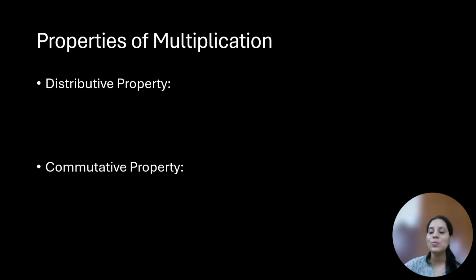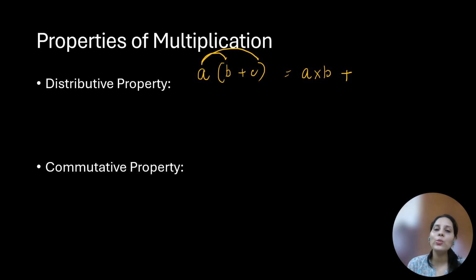So what is this property about? If I take a into (b plus c), bracket means multiplication, so this is nothing but a into b plus a into c. Same goes with subtraction as well. A into (b minus c).